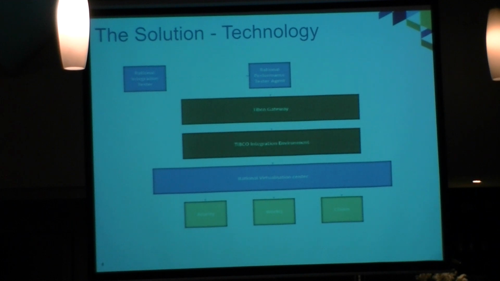We're using our Rational Integration Tester to import all the business works projects, and that as a baseline, we start building those unit tests. Then, using Rational Performance Tester agents, you're putting agents onto the EMS servers. Obviously there are typical gateways and typical integration environments in the middle.